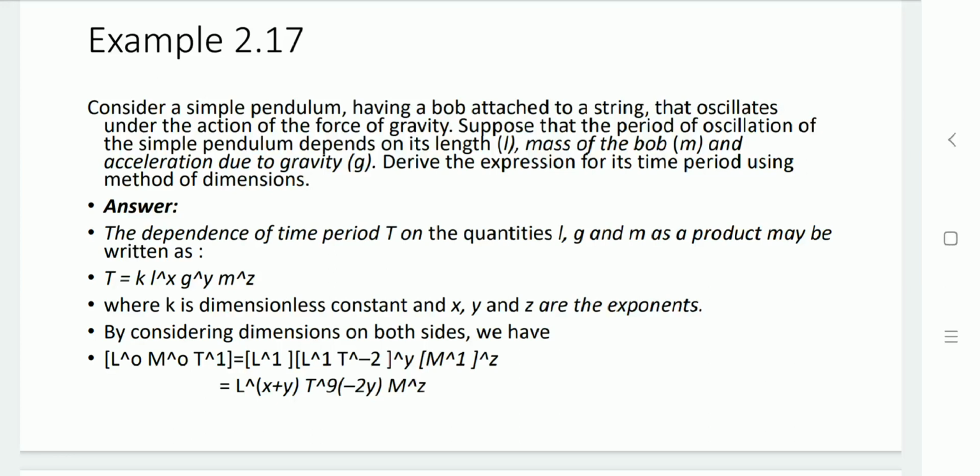We can write this equation with K as a dimensionless constant: T equals K, L raised to X, g raised to Y, and M raised to Z. Those values we need to determine to define its dependency. Now, on the LHS we are having time only, so we have M raised to 0, L raised to 0, and T raised to 1.